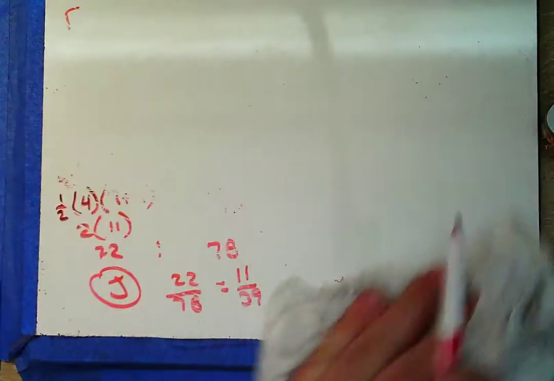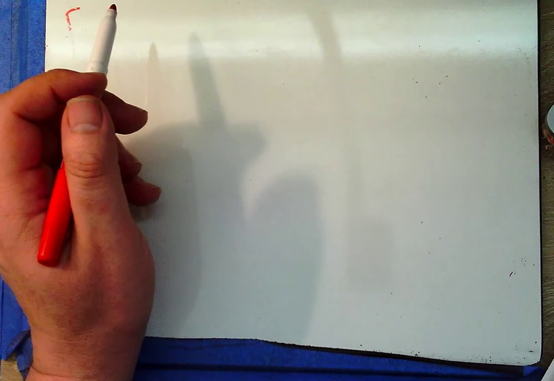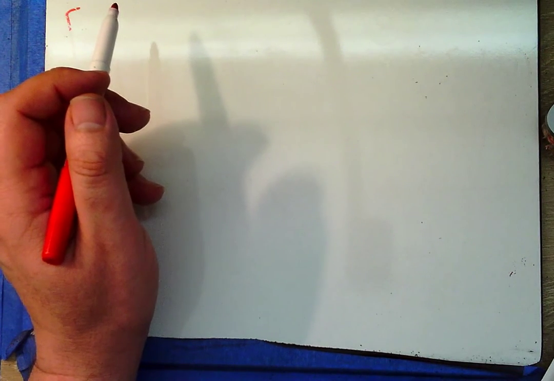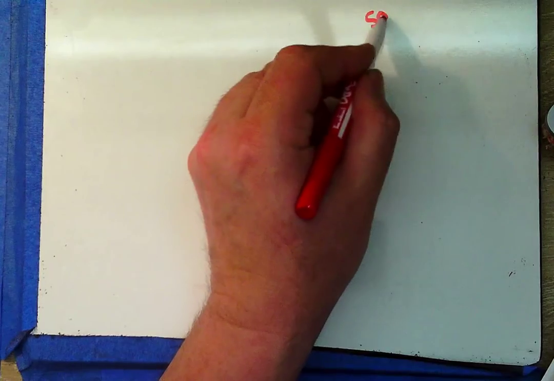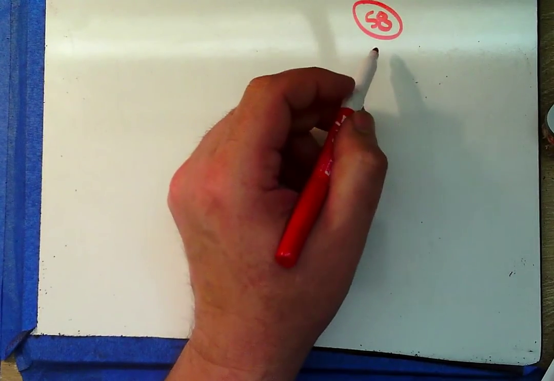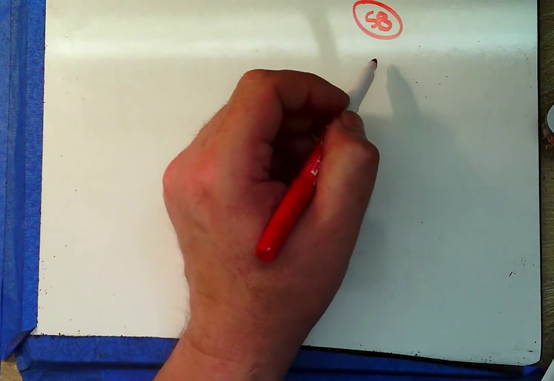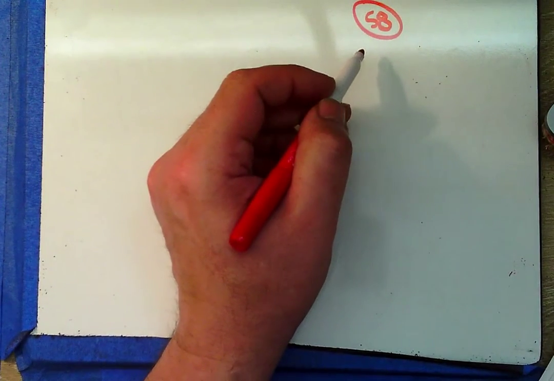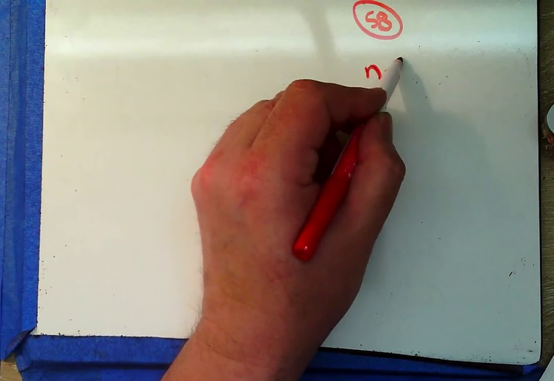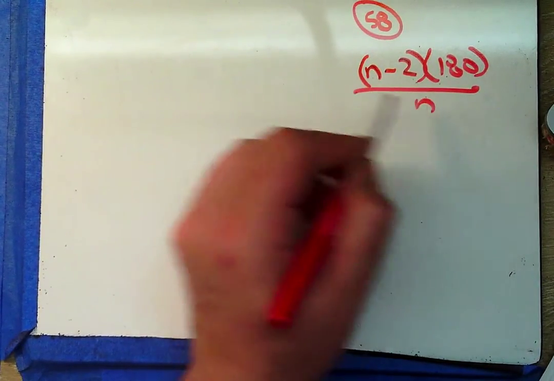58. So with problem number 58, septagon, what is the sum of the measures of the 5 interior angles? Okay, so there's this formula that we talked about, the area of a regular polygon, and to use it we needed to find the measure of an angle, and that meant that we needed to find the total number of degrees inside the polygon, which was n minus 2 times 180 over n.